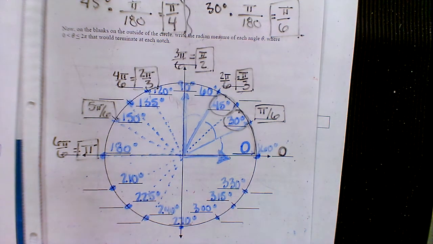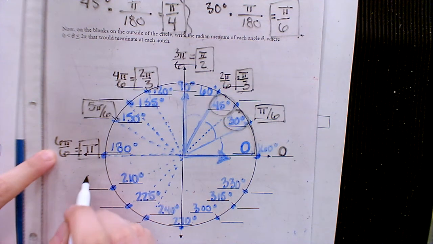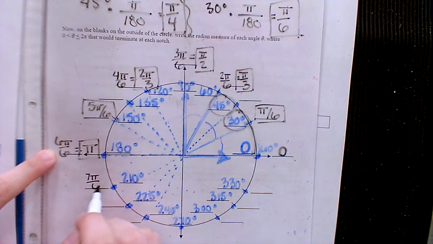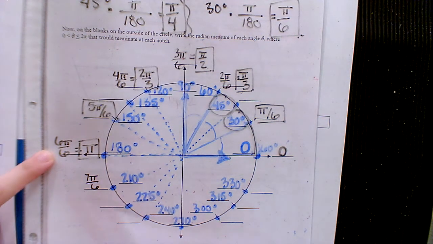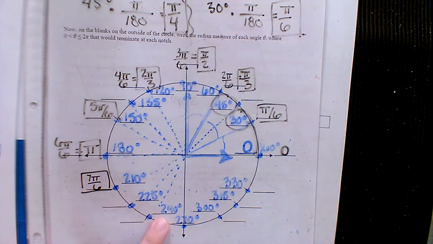If we were to add another 30, we'd be at 210 degrees, but another pi over 6 would be 7 pi over 6, and we cannot simplify that. Another 30 will be at 240, so that would bring us to 8 pi over 6.